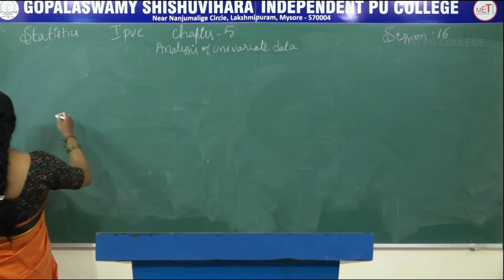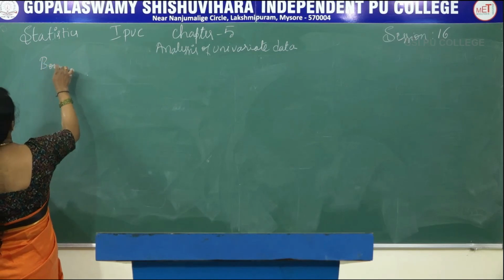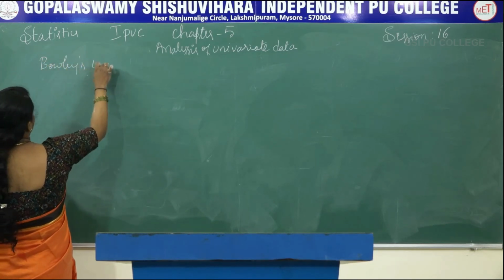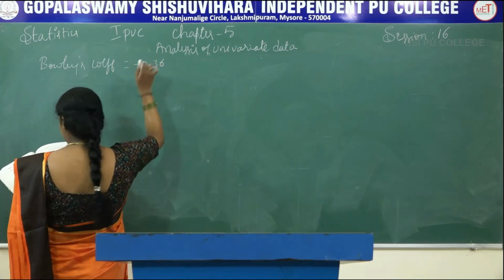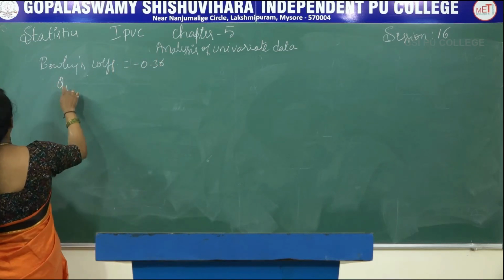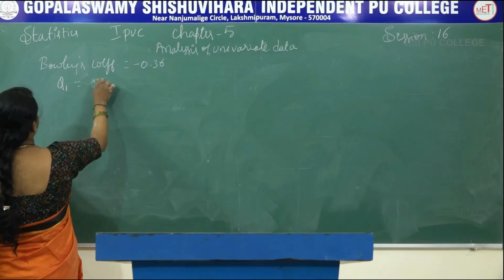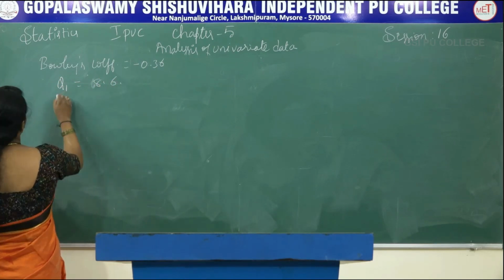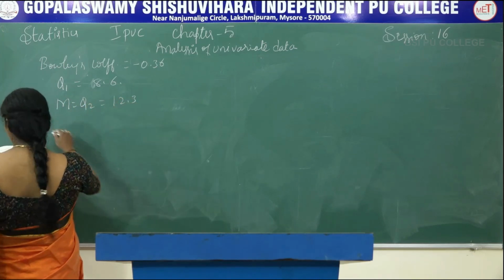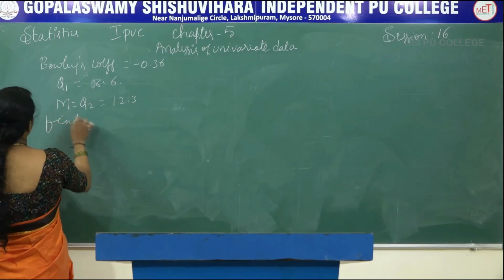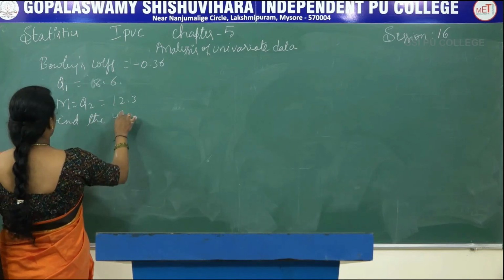For a distribution, Bowley's coefficient is equal to minus 0.36. Lower quartile, that is Q1, is equal to 8.6, and median, or nothing but Q2, is equal to 12.3. Find the upper quartile.